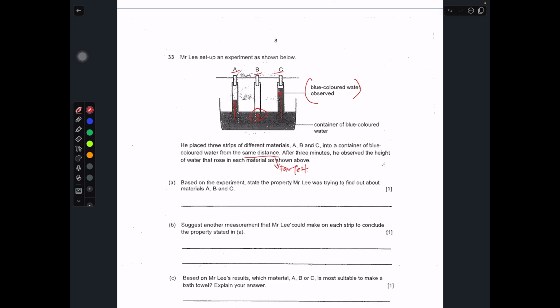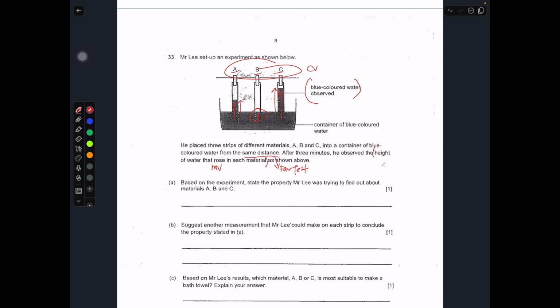After 3 minutes, he observed the height the water rose in each material. So the measurement is the height the water rose. And this part is actually your measured variable. Okay, this over here will be your changed variable. Okay, the type of material.